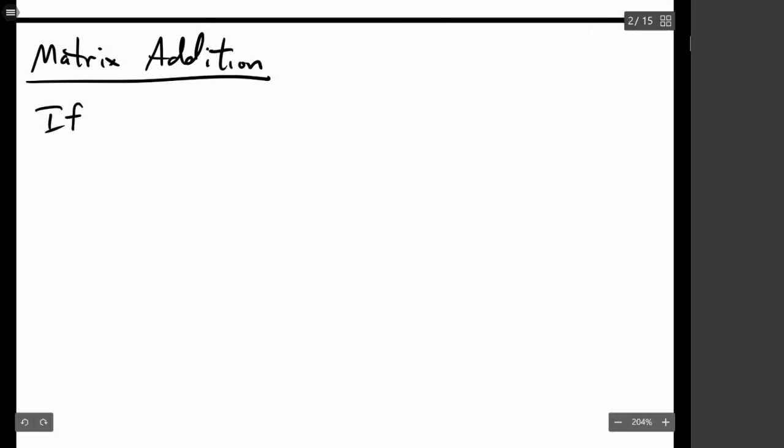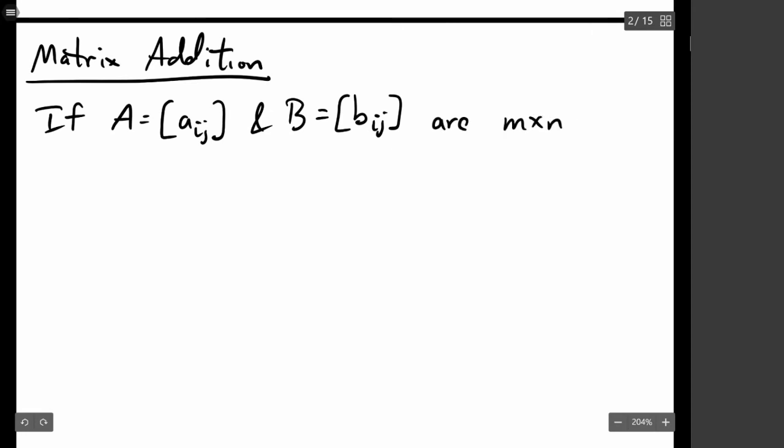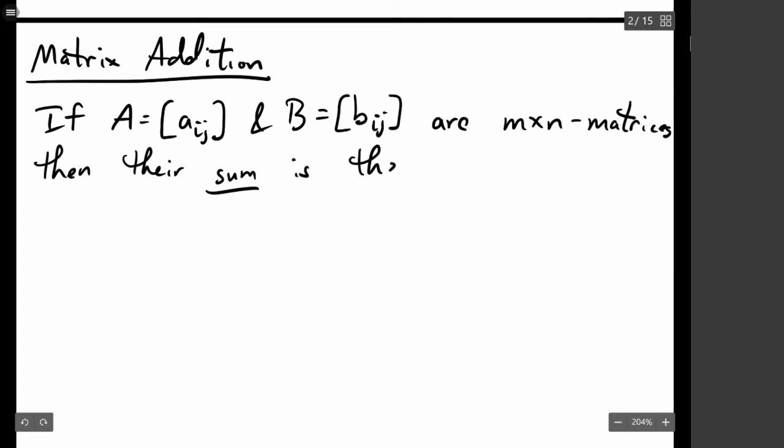So if A is the matrix [Aij] and B is the matrix [Bij], are m by n matrices, matrices of size m by n, then their sum is the new m by n matrix, which we call A plus B, and the ij entry here is Aij plus Bij.